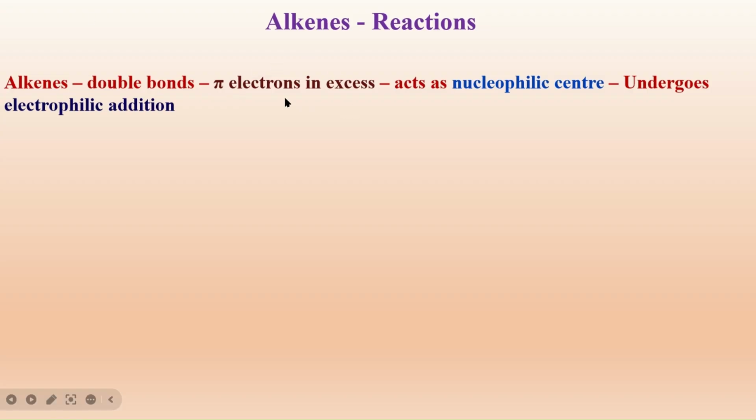If it has excess electrons, then it is a nucleophile. That's why it becomes a nucleophilic center. As it is electron rich, it can donate those excess electrons to an electron deficient species, that is an electrophile. That's why it can undergo electrophilic addition reaction.